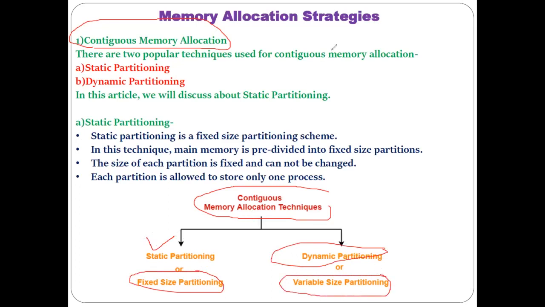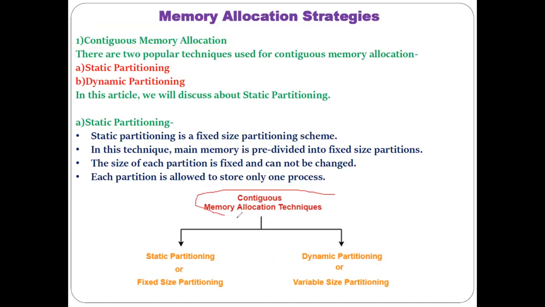Today we are going to discuss only static partitioning, or fixed size partitioning. Static partitioning means that once you define the size of a partition, you cannot change it. That is the reason this is referred to as static partitioning or fixed size partitioning.